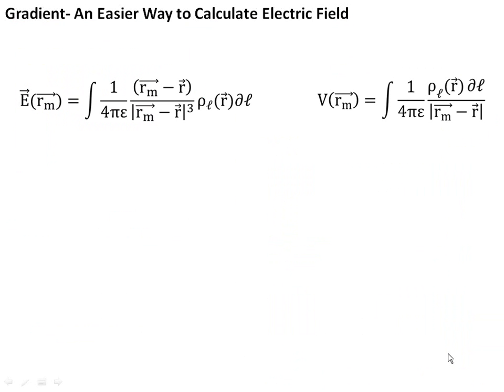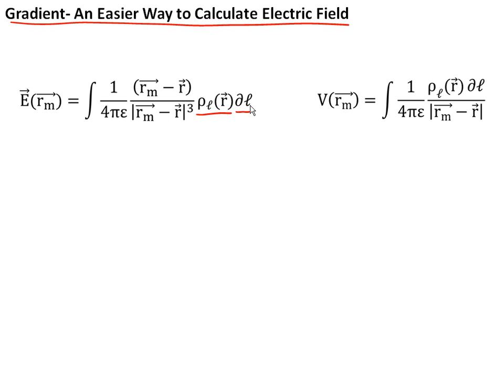So let's get into a little practicalities to end. The gradient actually turns out to generally be an easier way to calculate the electric field, because if I think about an integral along a line charge, some path, this line or distribution of charge is essentially in three-dimensional space.